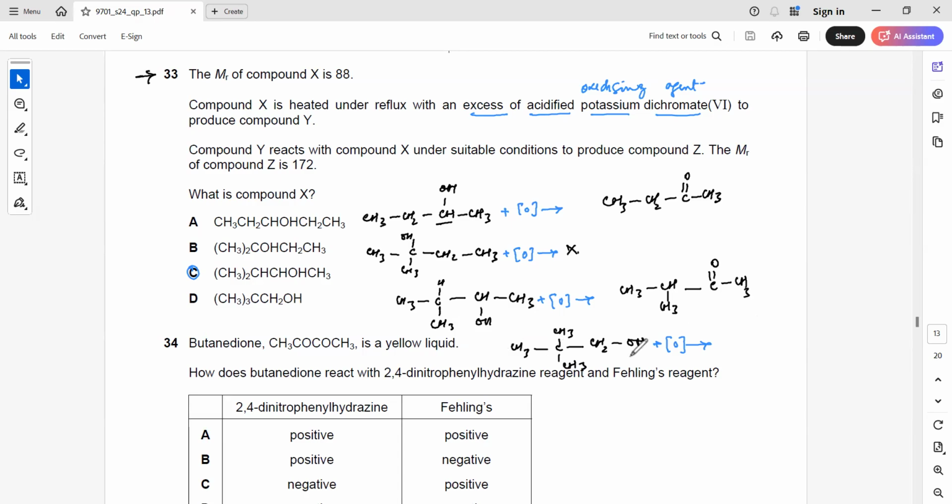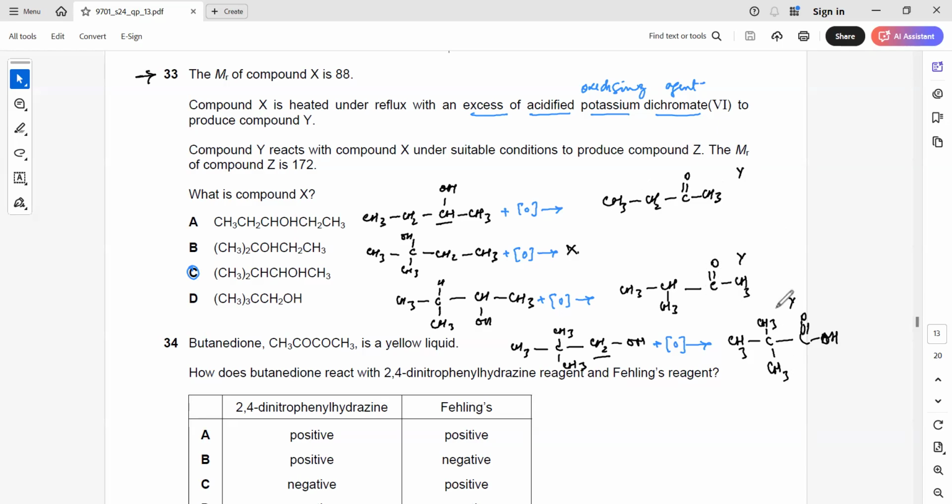And in option D, on oxidation, it is primary, as we can see here. So it will give us an aldehyde, C double bond O and H. And on further oxidation, this aldehyde will give us a carboxylic acid, as you can see here. This carboxylic acid is our compound Y. So here we are seeing compound Y in all these three options.